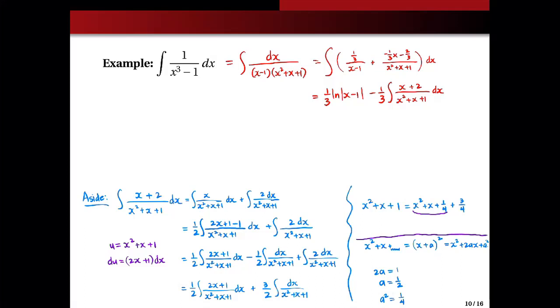You will get (x plus 1/2) quantity squared plus 3/4. That will be the denominator here. And therefore, you will have something squared plus this guy here squared.